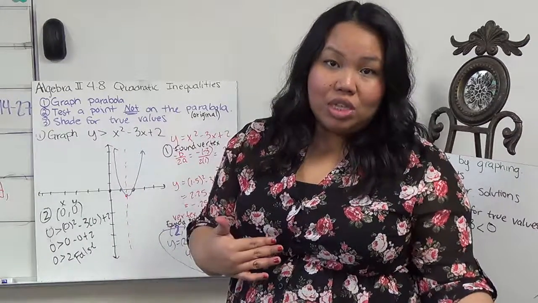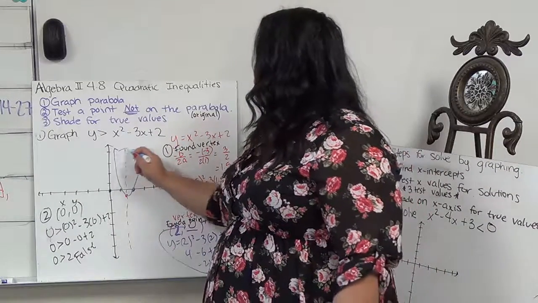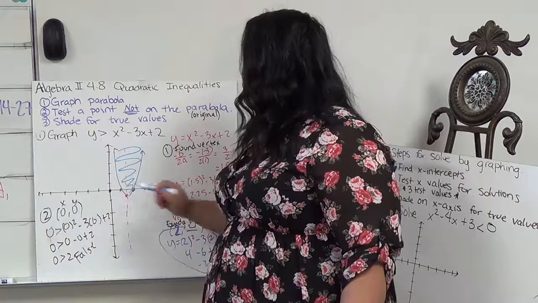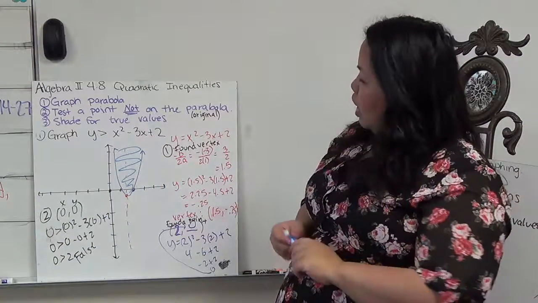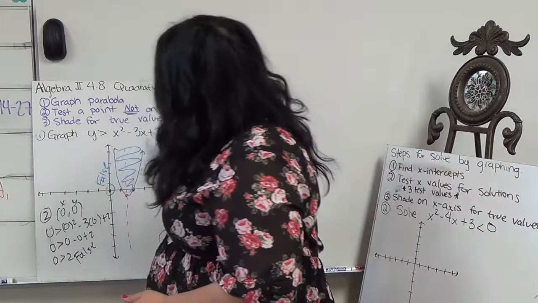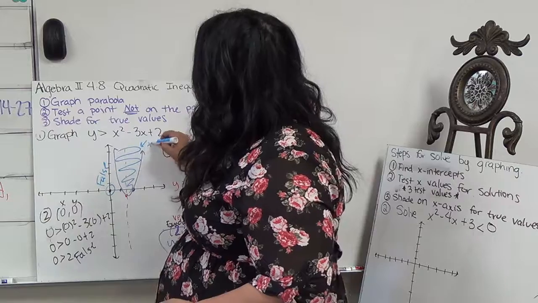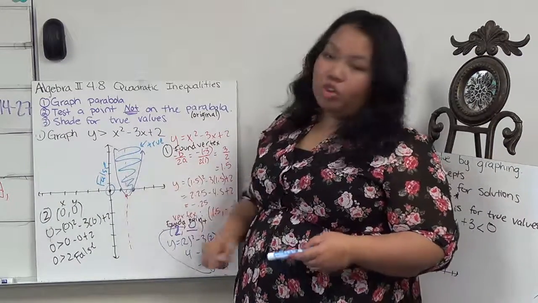So by process of elimination, if all the outside is false, then the inside is the one that's true. So I shade the inside, because that's true. Any point that I would have tested in here would have been true.